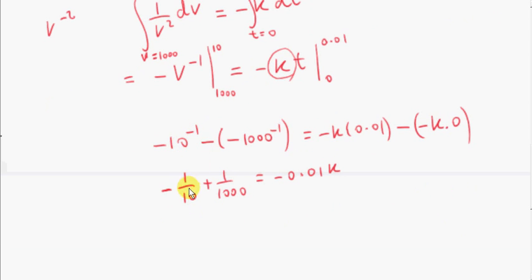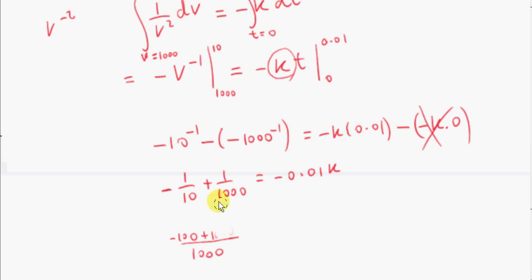Okay, 10 to the minus 1 is 1/10. 1000 to the minus 1 is 1 over 1000. We get 0 for that term. If we get a common denominator of 1000 here, we need minus 100 over 1000, which gives us minus 1/10. And then we just need 1 over 1000.